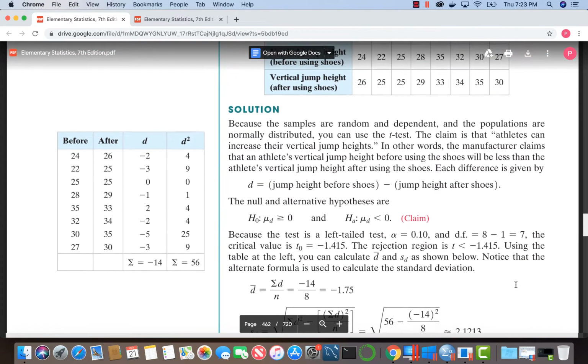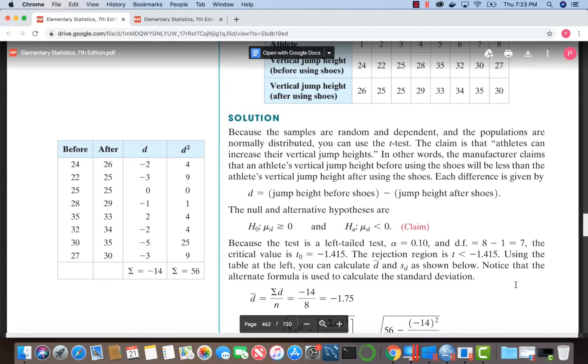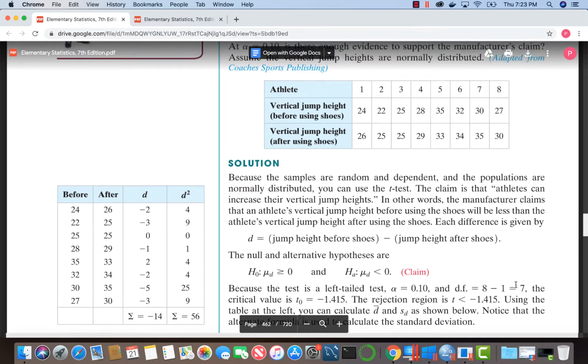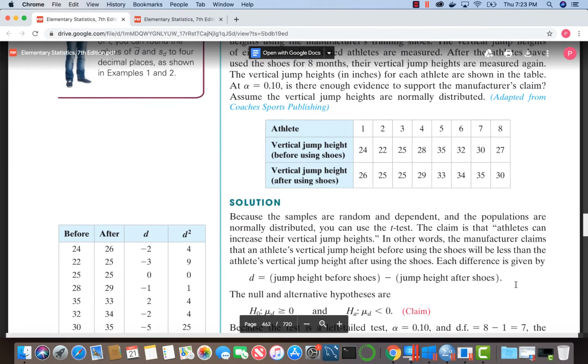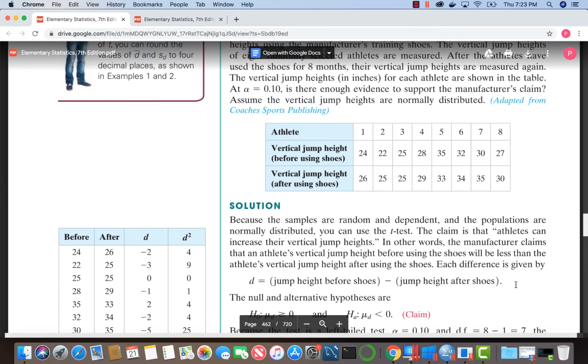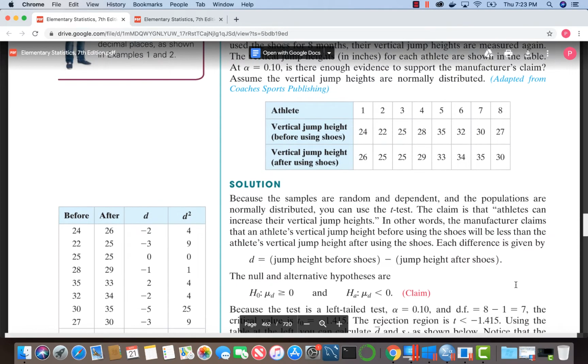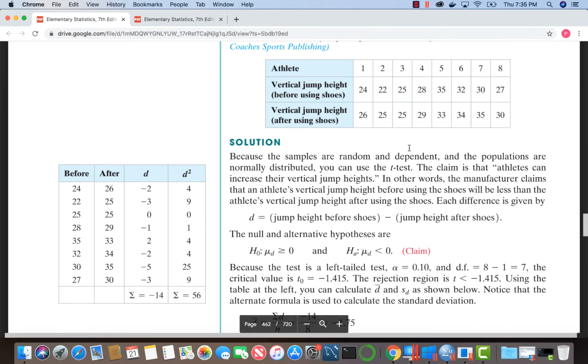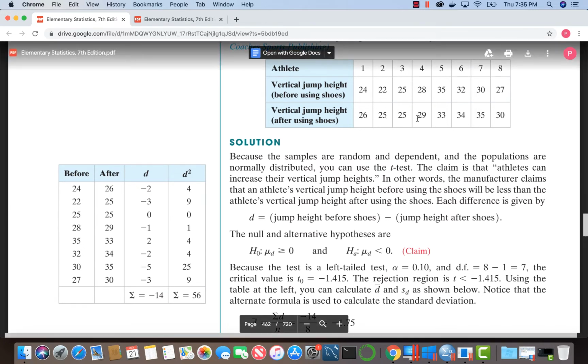Now, basically the claim is that their height should be higher after they use the shoes. So if their vertical jump height is higher after they use the shoes, the average of these heights should be higher than these.